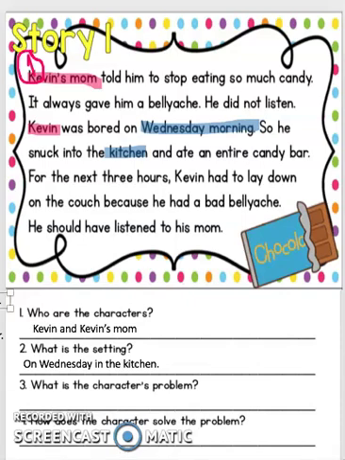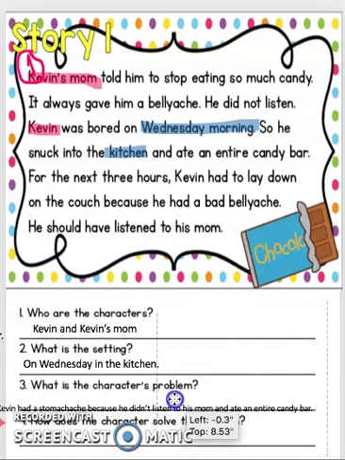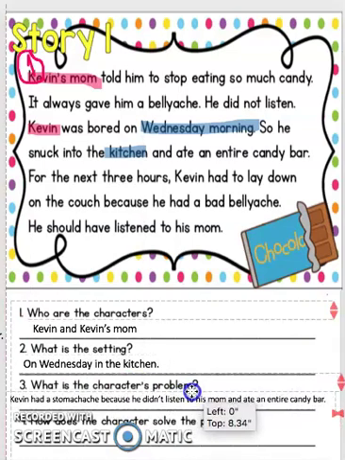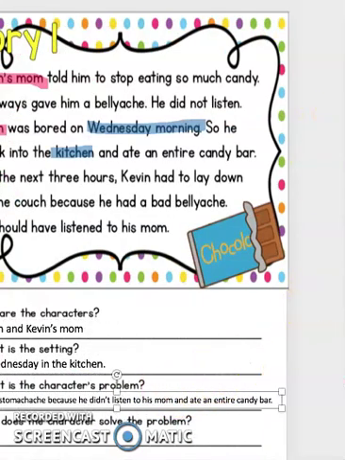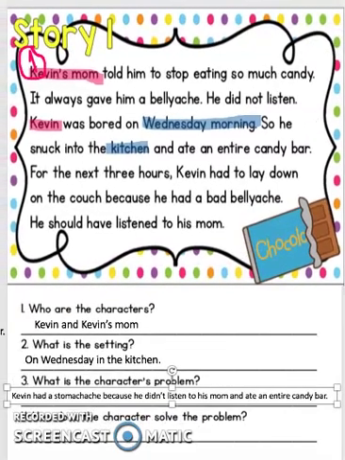Well, if you did, you're right. I'm going to write that on the line right here. He had a stomach ache because he didn't listen. He didn't listen to his mom and ate an entire candy bar. That's what I wrote on the line for number 3.